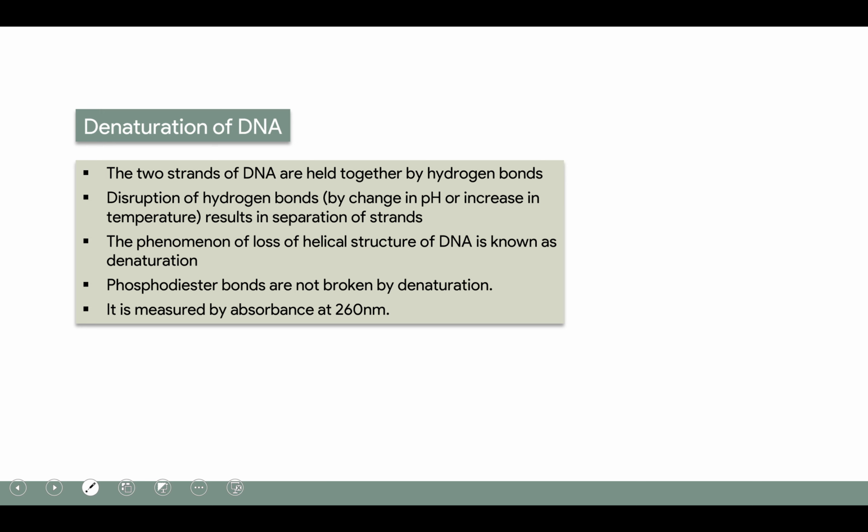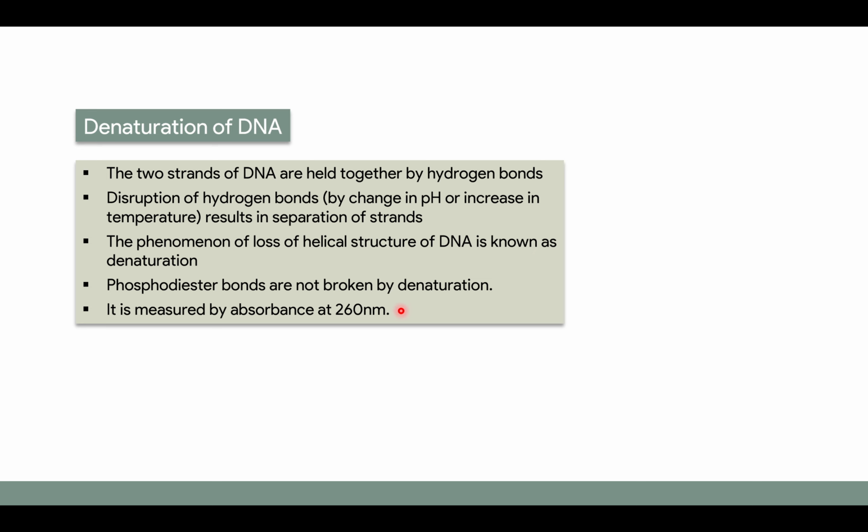As we know, the 2 strands of DNA are held together by hydrogen bonds, and the disruption of hydrogen bonds, which could be because of a change in pH or due to an increase in temperature, results in separation of strands. The phenomenon of loss of helical structure of DNA is called denaturation, and the phosphodiester bonds are not broken by denaturation. This denaturation is measured by absorbance at 260 nanometers.